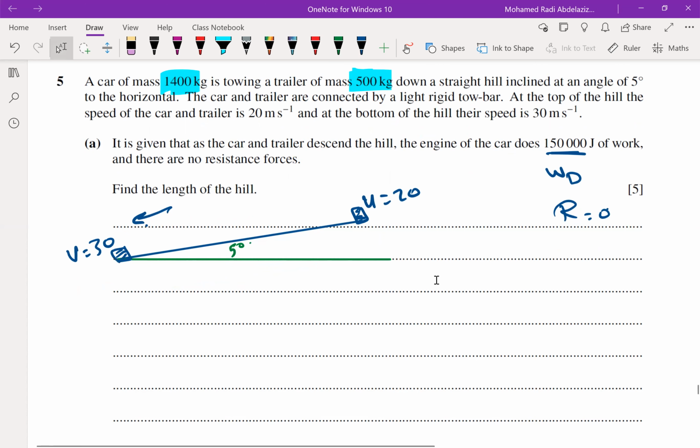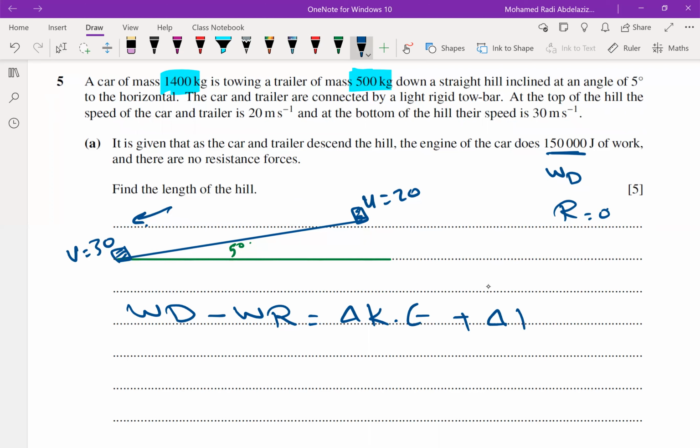So you can write the equation of the car only, the equation of the trailer only, or the equation of the system. This is forces. If we use the principle of the work done by the driving force minus work done by resistance is equal to the change in mechanical energy, change in kinetic energy and change in potential energy.